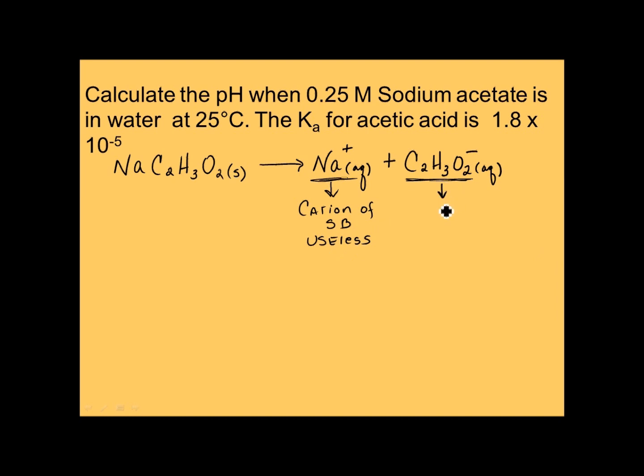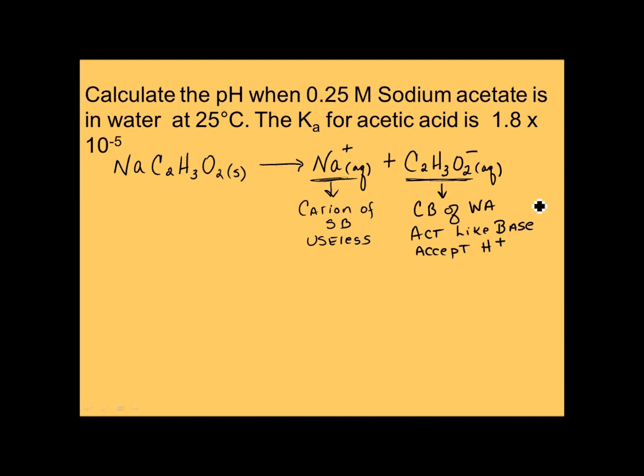This, however, could be the conjugate base of a weak acid, so it's going to act like a base, and bases accept protons. All right, well, that's fine, but where's he going to get the proton from? Well, he's in water. Water's amphoteric.